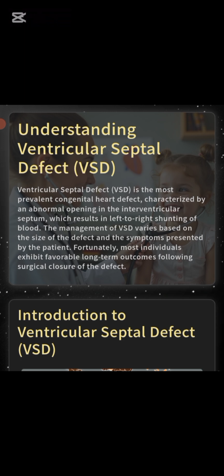The management of VSD varies based on the size of the defect and the symptoms presented by the patients. Fortunately, most individuals exhibit favorable long-term outcomes following surgical closure of the defects.